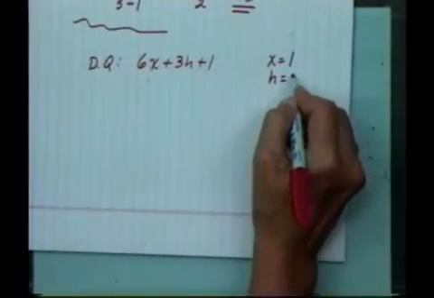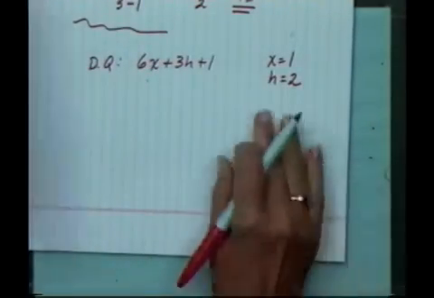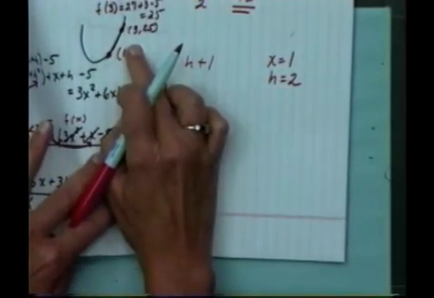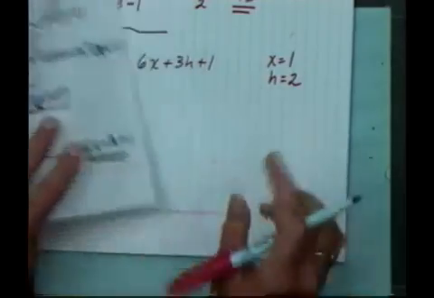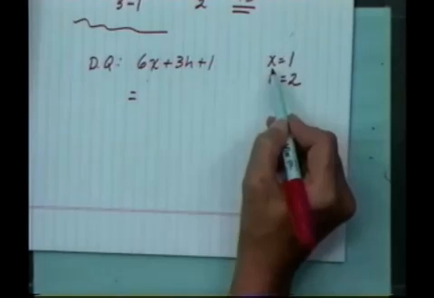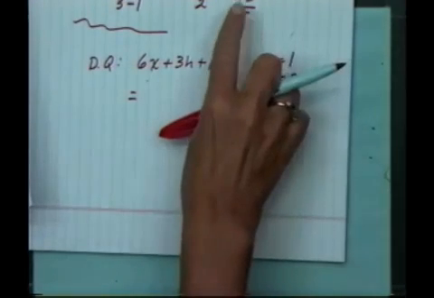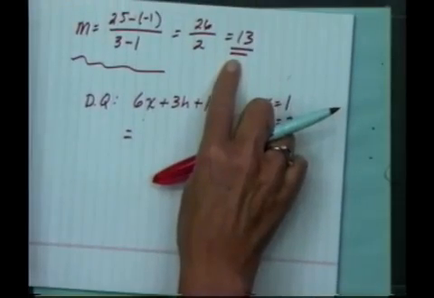Okay, so h is equal to 2 because x plus h gets me to that next x value, which is 3. All right, look what happens here. When I use x at 1 and h at 2, it's going to come up with 13, the slope of the secant line.